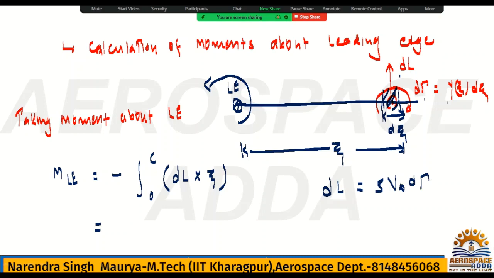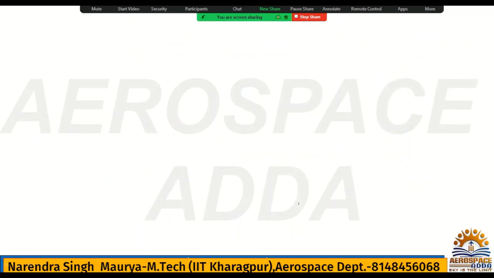So this is the d circulation value. Yes or no? 0 to c, dl value I can write here rho v infinity, and d gamma is nothing but gamma xi into d xi. All right, this is the value of the moment about the leading edge.